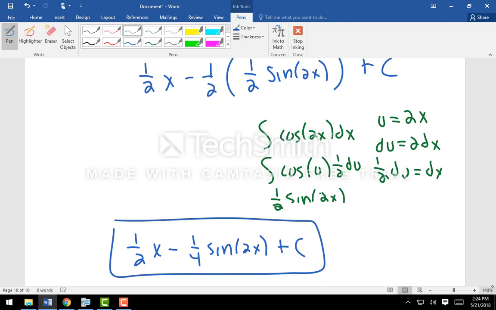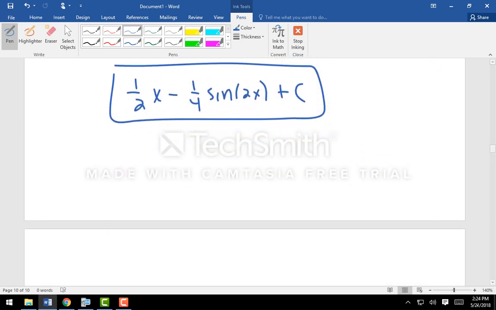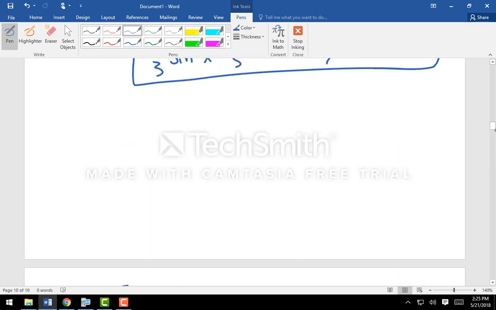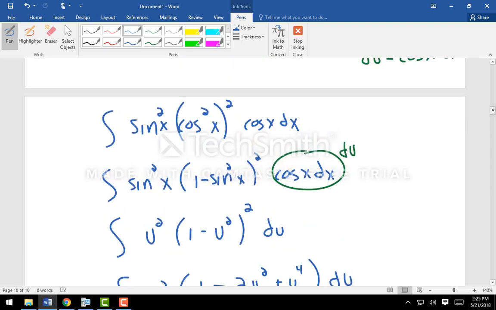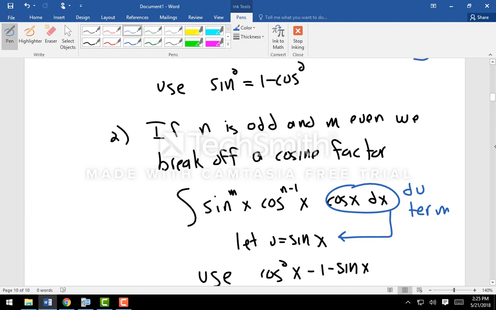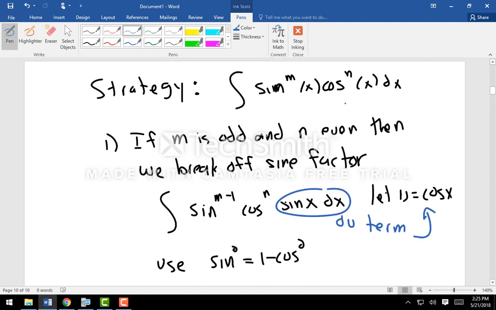So let me just point out to you here strategy number 3. In our 3 strategies that we were talking about, let me scroll back up for a second. We had said something like, if we look at these functions, cosine to a power, sine to a power, if we're integrating sine to a power times cosine to a power, if sine has an odd exponent, we break off a sine term like we had here.